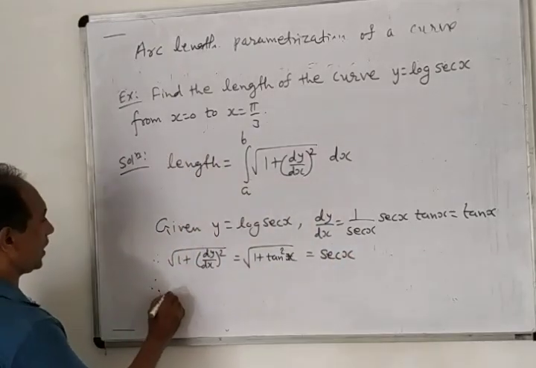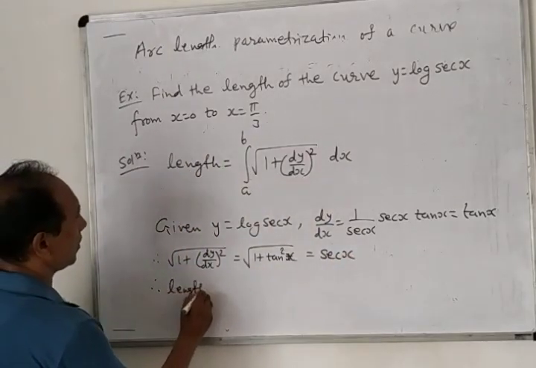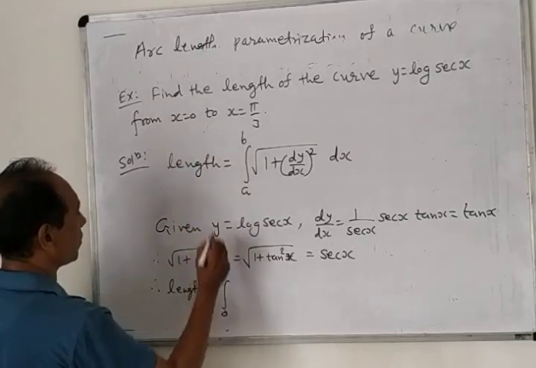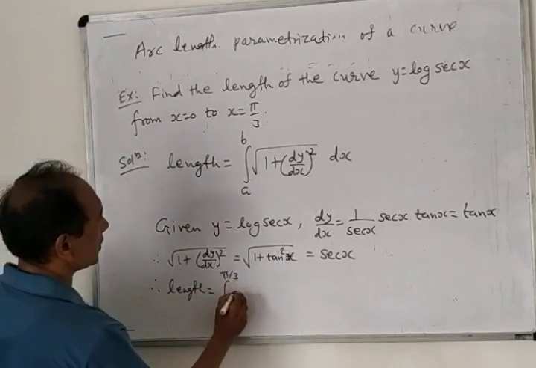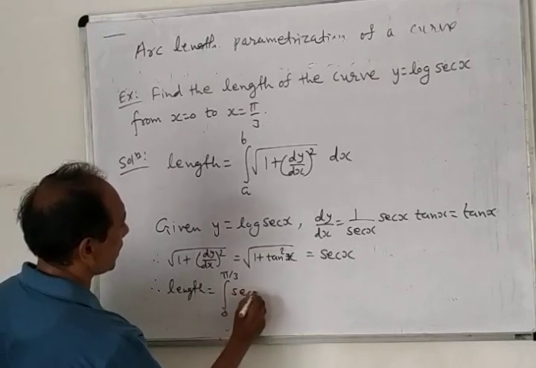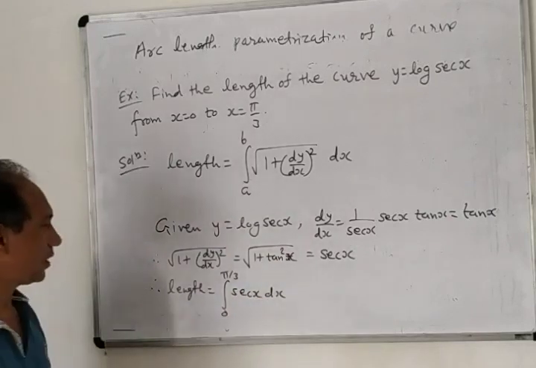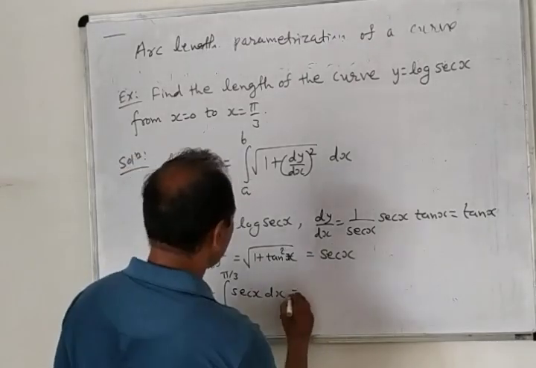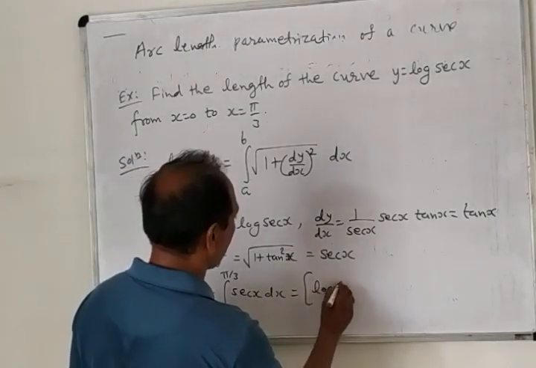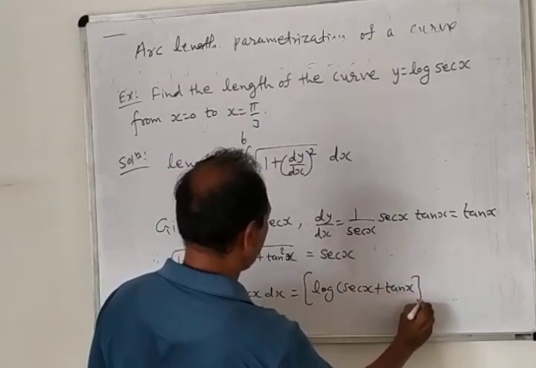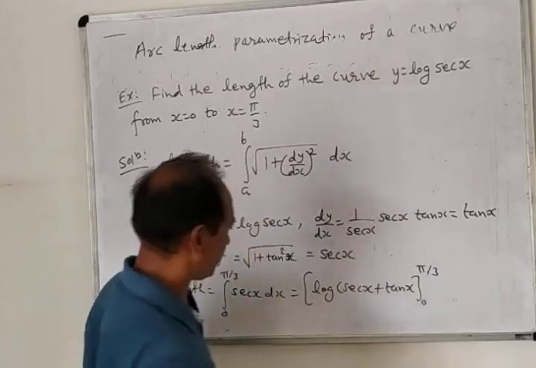And therefore, length is now equal to integration, and the limits are already given here from 0 to pi by 3, of square root of sec square x, that means sec x dx. The integration of sec x is, you must be knowing, the formula log of sec x plus tan x, and the limits are from 0 to pi by 3.